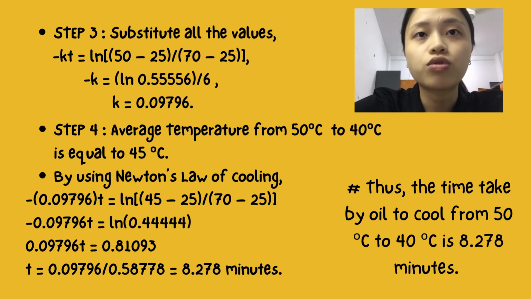Next, we move the negative, and it becomes 0.81093, and lastly t will be equal to 0.81093 over 0.09796, which is 8.278 minutes.